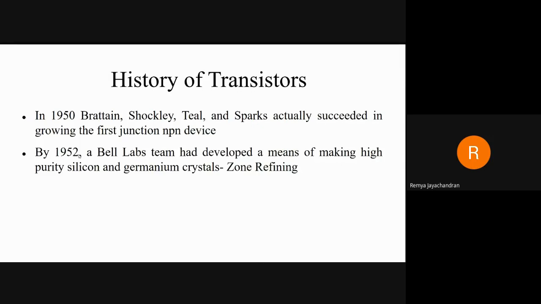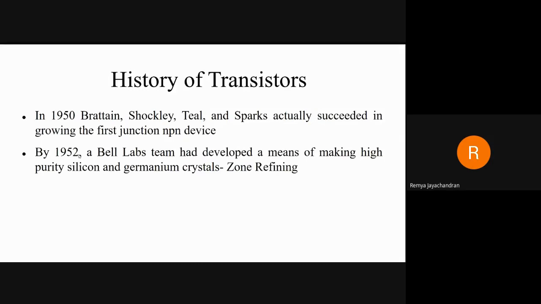Previously, it was the point contact transistor, and in 1950, they developed the first junction NPN device. In 1952, the Bell Labs team developed the means of making high purity silicon and germanium crystals by the zone refining process.